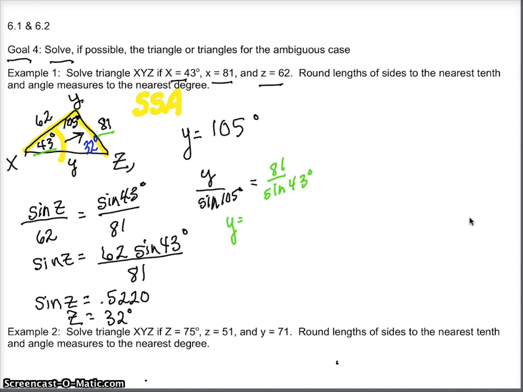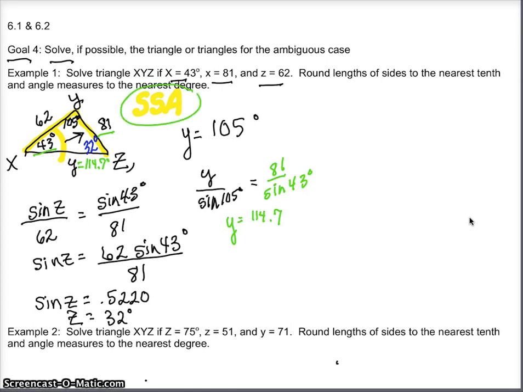And then take a moment and multiply 81 by the sine of 105 and divide by the sine of 43 in your calculator. And you should come up with a Y value of 114.7. So now we have solved for all three sides and all three angles of our triangle.